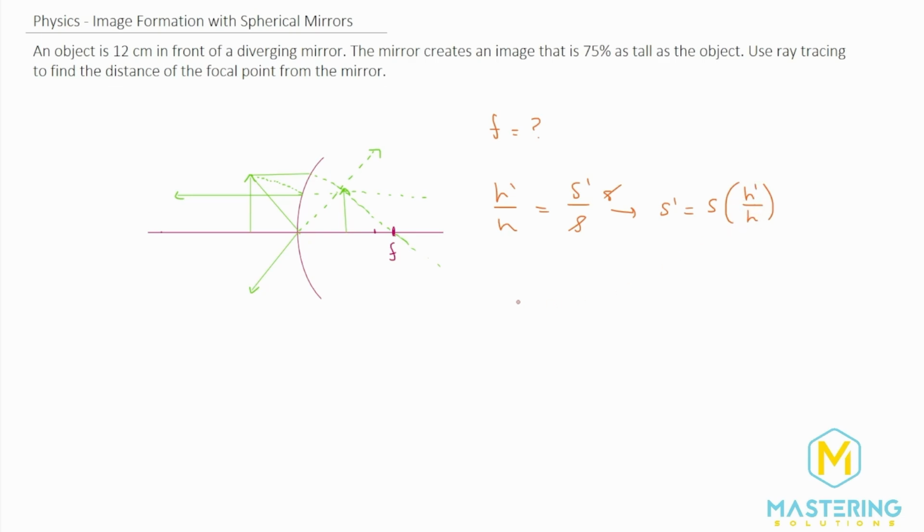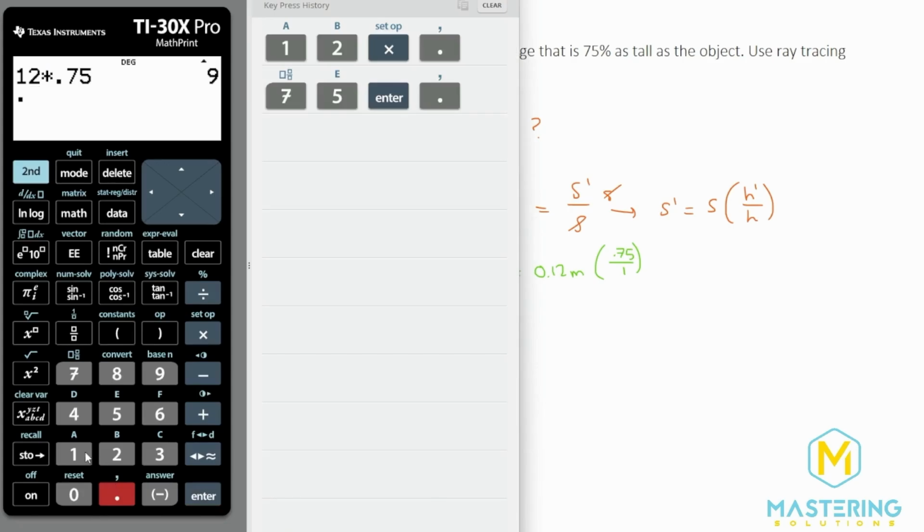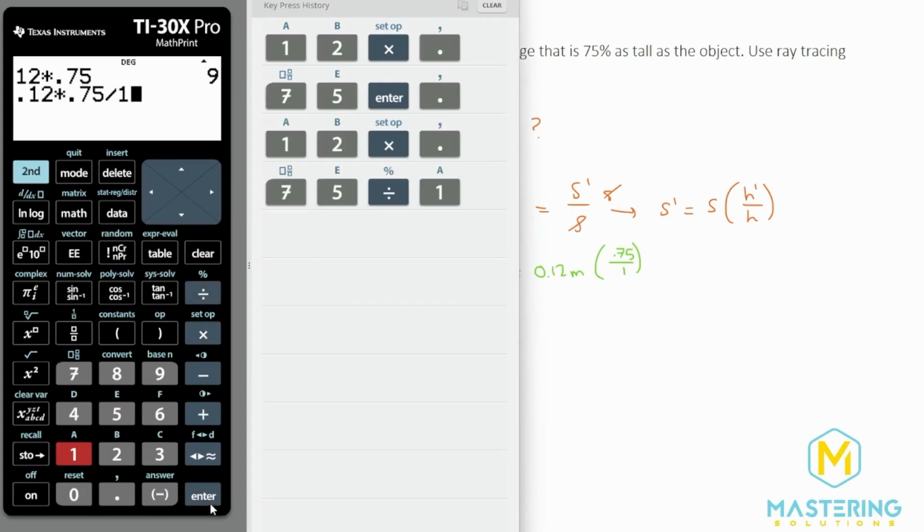It's a ratio. And so if we come down here and rewrite this, s prime is equal to the object distance, which we said was 12 centimeters, so 0.12 meters, times a ratio. We could just say that h is 1 to represent 100%. And then the image height we'll say is 0.75 to represent 75%. So 0.12 times 0.75 divided by 1 gives us 0.09.